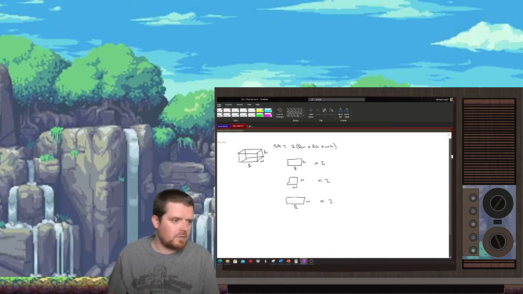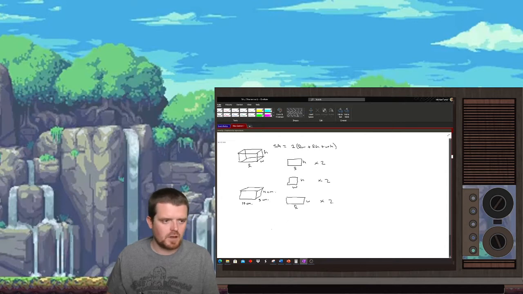So let's say I give you a rectangular prism, and I could draw the diagram out, or I could just list the dimensions in a sentence. Let's say a rectangular prism with a length of 10 centimeters, a width of 3 centimeters, and a height of 4 centimeters.